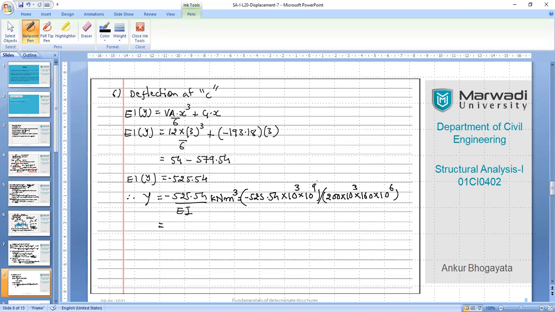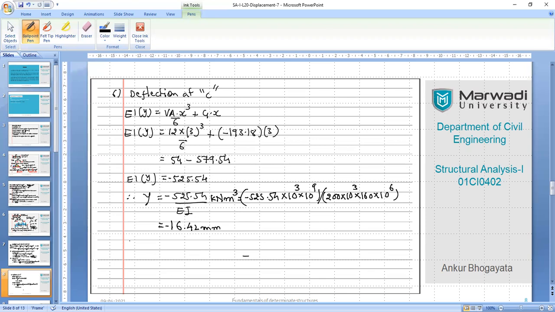So 525.54 into 1000, divided by 200 divided by 160. So ultimately we'll get our answer in the form of a quantity over EI. EI remains as it is, so this is our final answer in terms of mm, that is negative 16.42 mm, right?